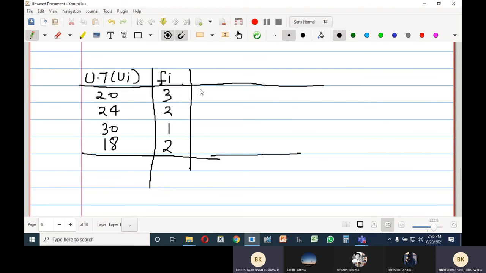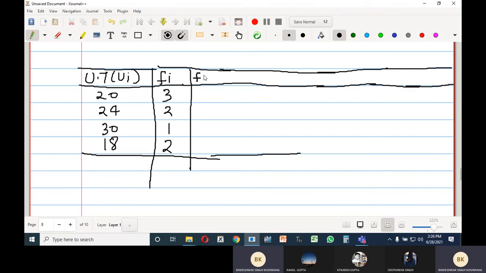Okay, thereafter, as I said that you will calculate, first of all, this is a mean deviation, to try to find out mean deviation. So for a mean deviation, you will multiply Fi into Ui. Here Ui, Fi means if you put i is equal to 1, so first line, second line, third line, fourth line.